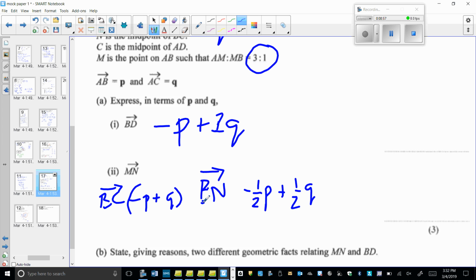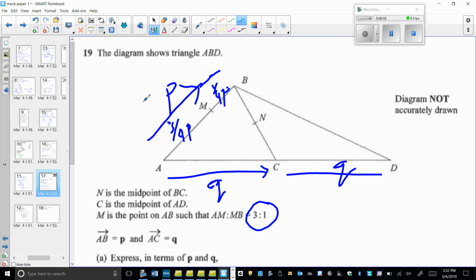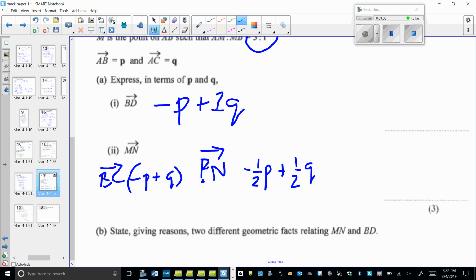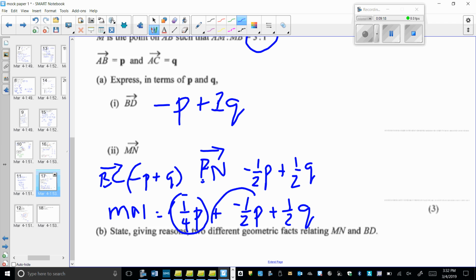But we want to go M to N. So M to N would be 1/4 p plus what we've just found. So M to N is 1/4 p plus -1/2 p plus 1/2 q. Okay, so 1/4 plus -1/2. If you're not sure, let's do it on the calculator.